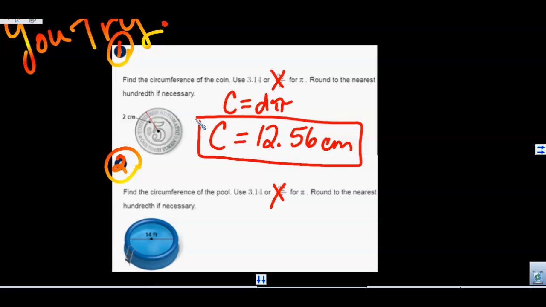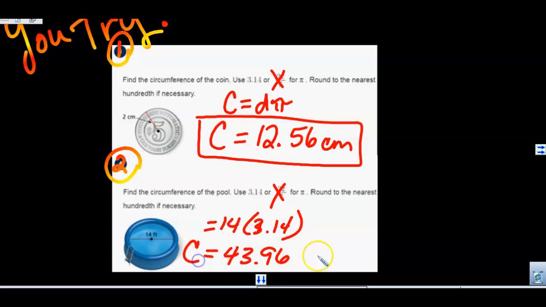And the circumference of the pool, 14 times 3.14, was equal to 43.96 feet.